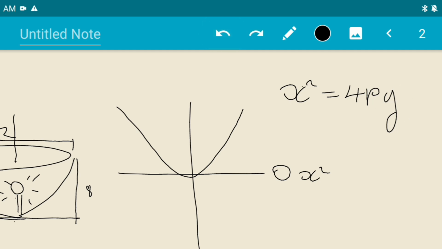Okay, and then why are we going with a one with a positive? It's because it is orienting upwards in the positive y direction, and not in the negative y direction. So yeah, that is that. So this here is what we have.